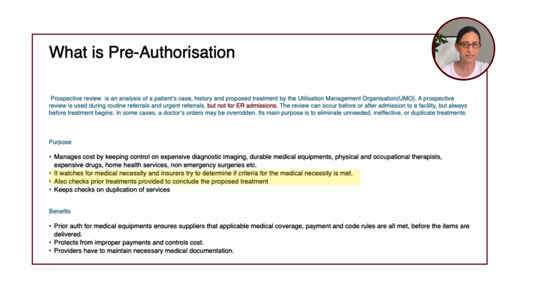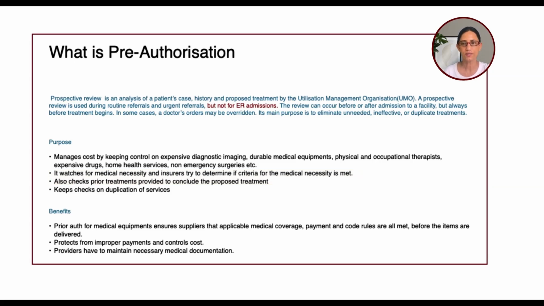Such prior treatments, like the diagnostic imaging, help show that the proposed treatment is definitely required. Then this prior authorization process also keeps a check on duplication of services, that the PCP or the specialists don't advise duplicate treatments, like for example diagnostic imaging, which should not be duplicated in some patients.